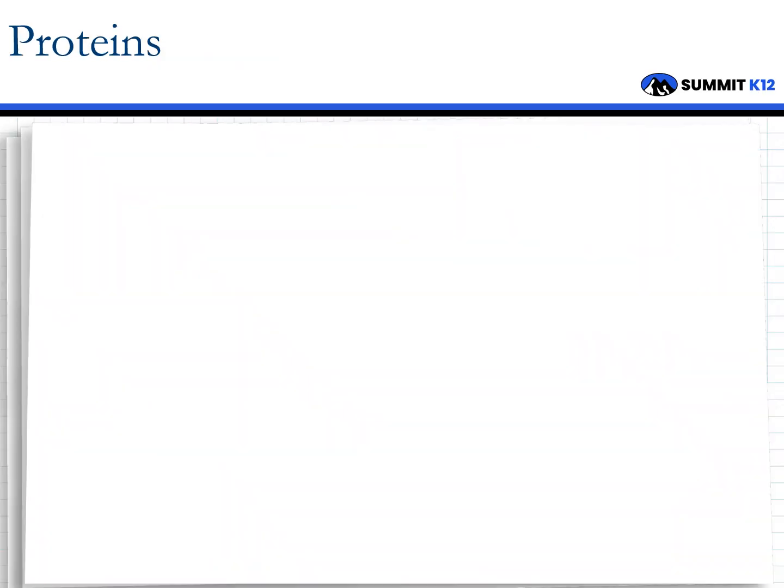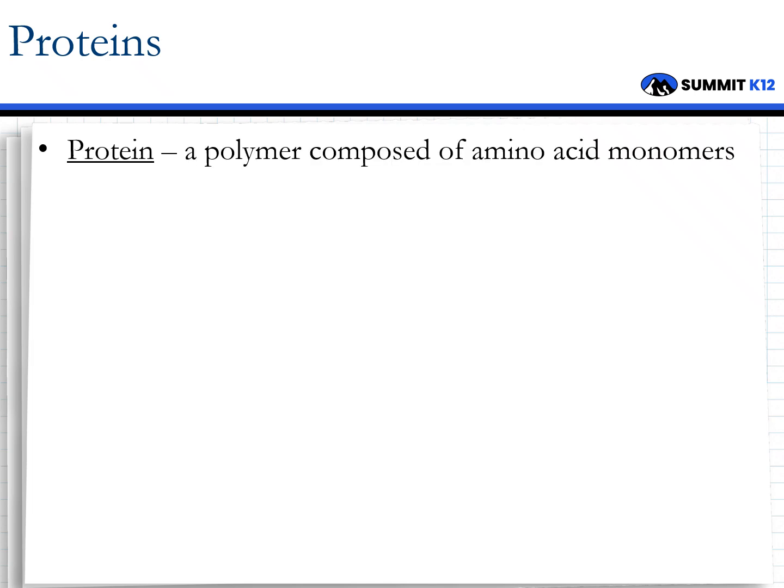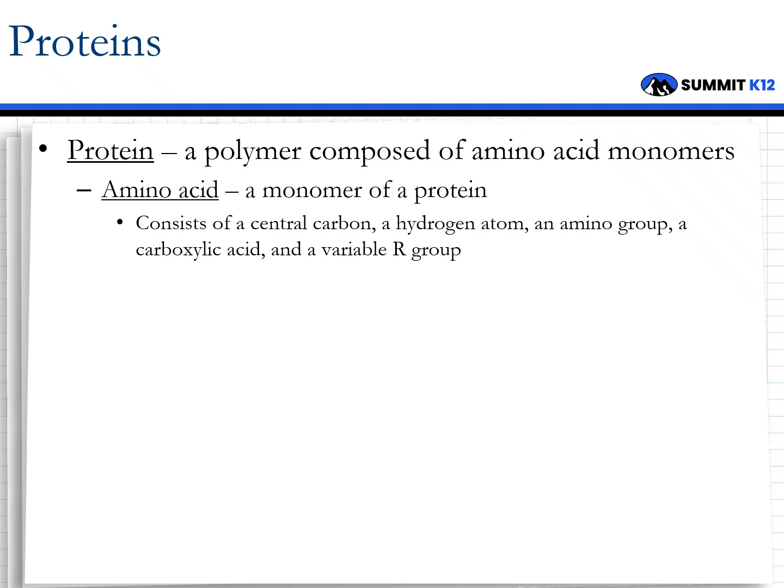So we've talked about carbohydrates, and we're going to move on to proteins. Proteins are a polymer comprised of amino acids. Amino acids are the monomer of protein. They consist of a central carbon, a hydrogen atom, an amino group, and a carboxyl group with a variable R group.